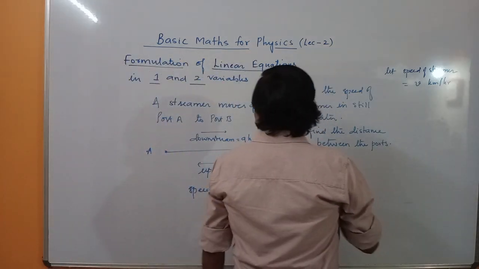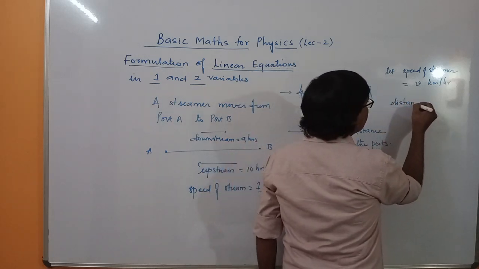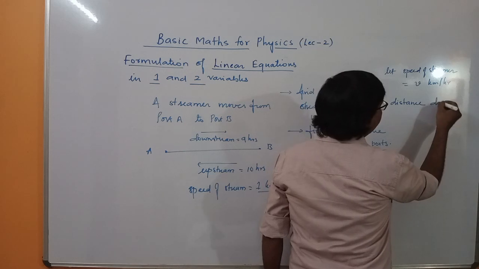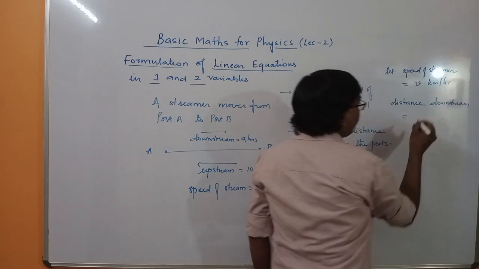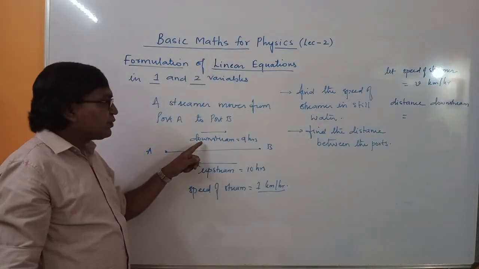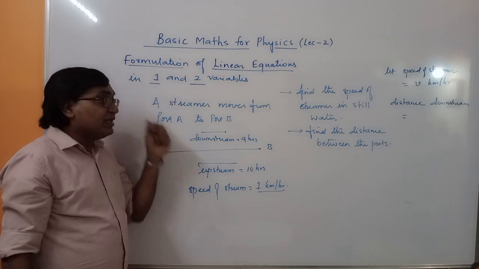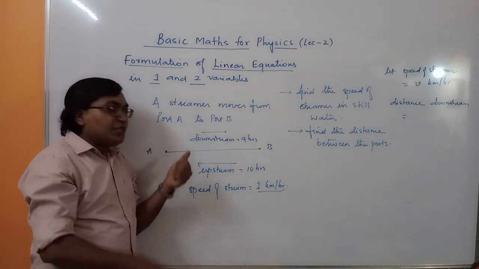Fine. So the distance traveled downstream will be equal to the speed along downstream. Speed along downstream will be speed of the streamer plus speed of the stream.